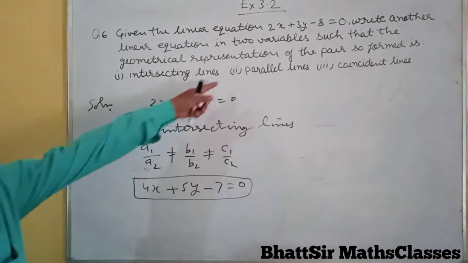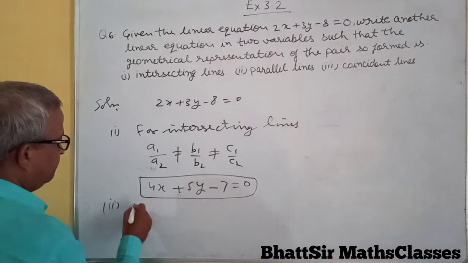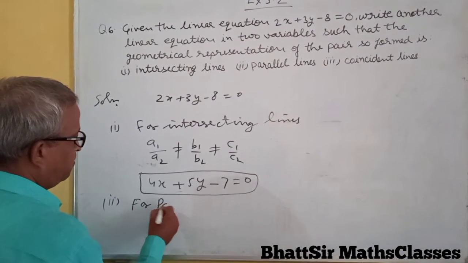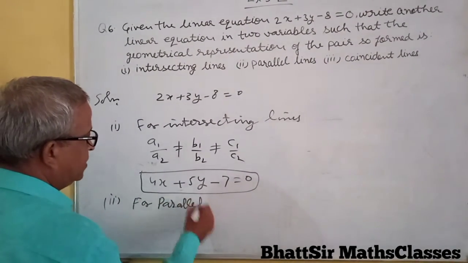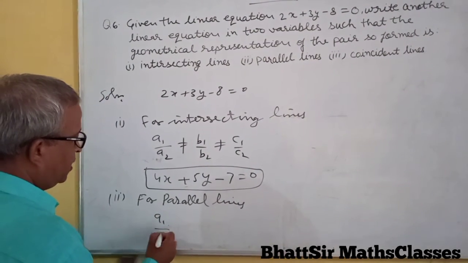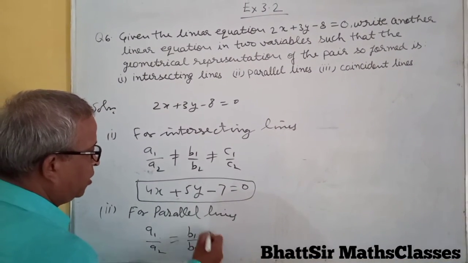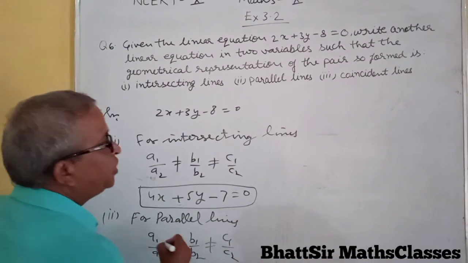Now in the second part, parallel lines. For parallel lines, the condition is a1 upon a2 equals b1 upon b2 is not equal to c1 upon c2.